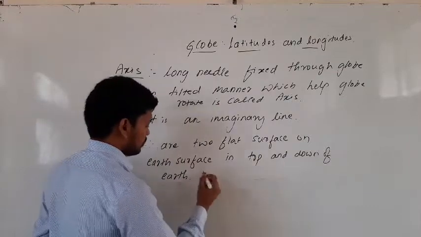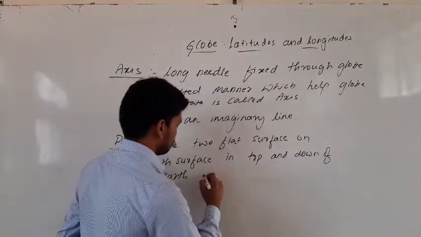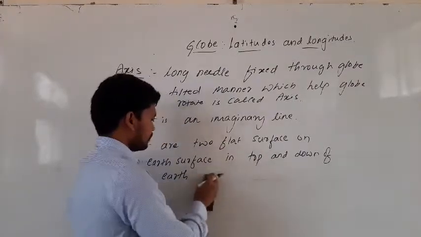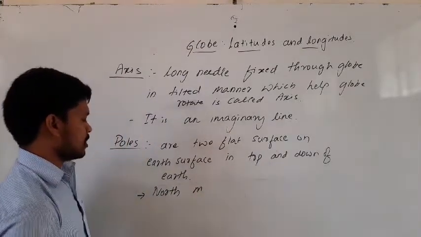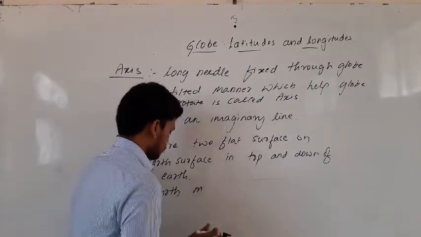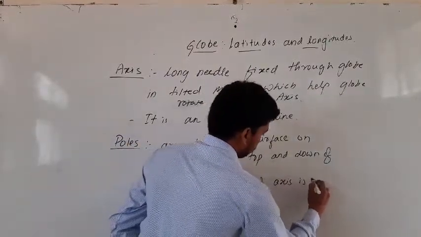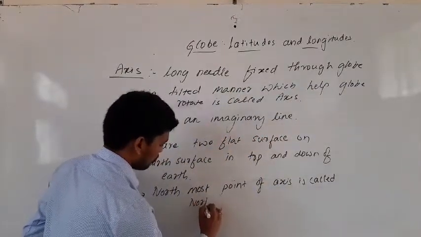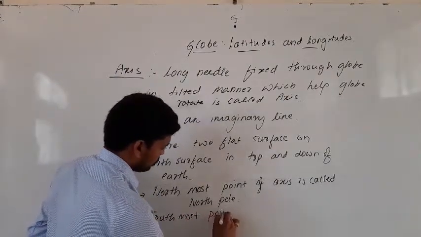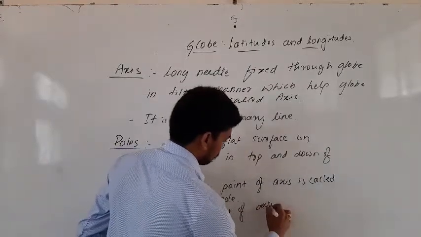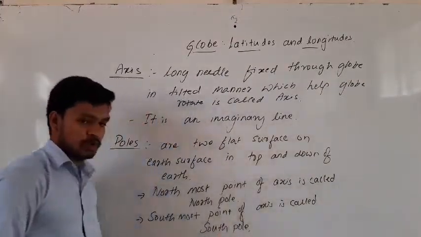The northernmost point of the axis is called the North Pole, and the southernmost point of the axis is called the South Pole. These are the two poles.